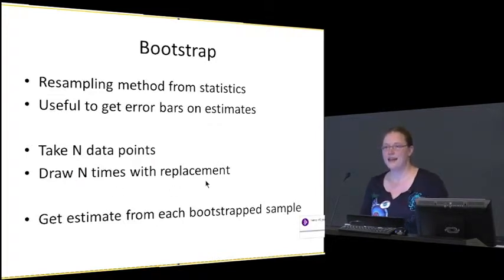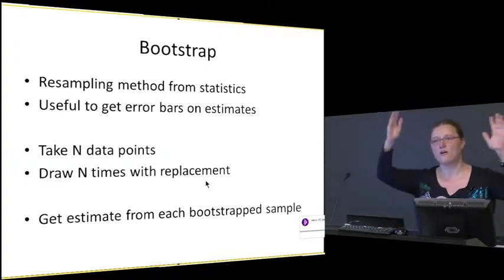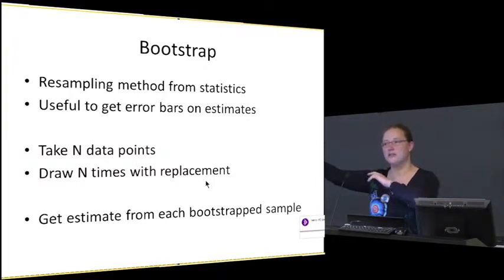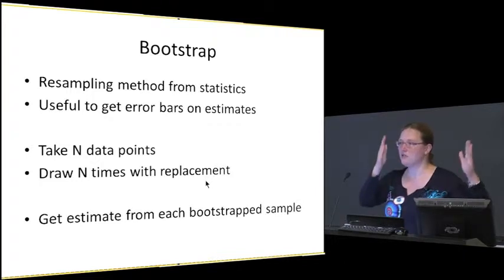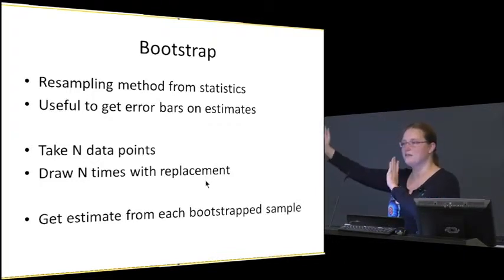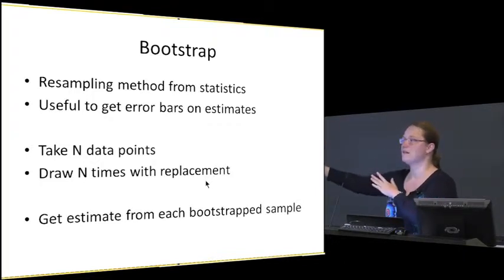So that means I end up with multiple sets, all the same size as the original data set. All of them have n data points, but because I sample with replacement, all of them are slightly different. Yeah? So that's the main idea. And then I use each of these bootstrap samples as one data set on its own.